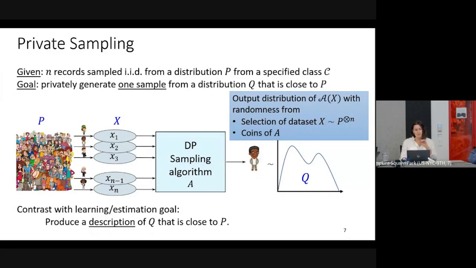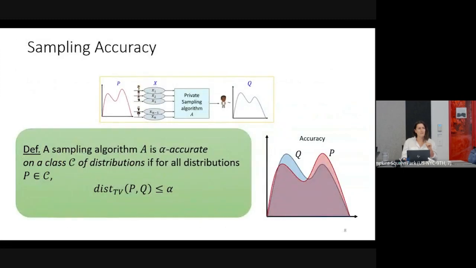Okay, so when I say that P is close to Q, what do I mean? So we are defining accuracy in terms of total variation distance. We'll say a sampling algorithm is alpha accurate on a class of distributions if for all distributions in that class, the total variation distance between P and the algorithm's output distribution is at most alpha.